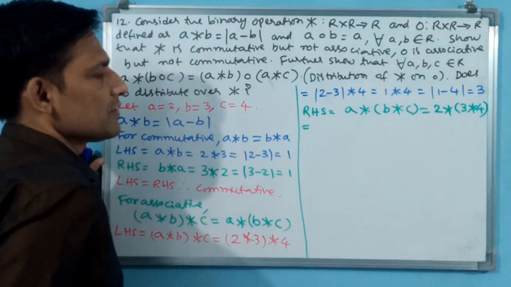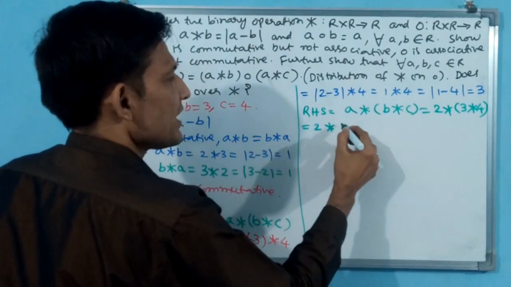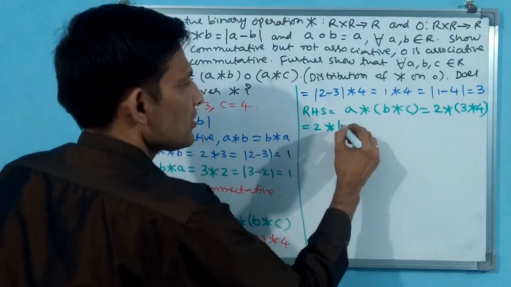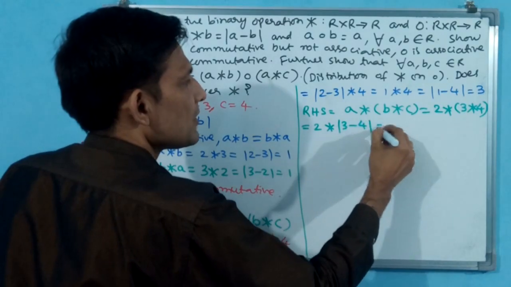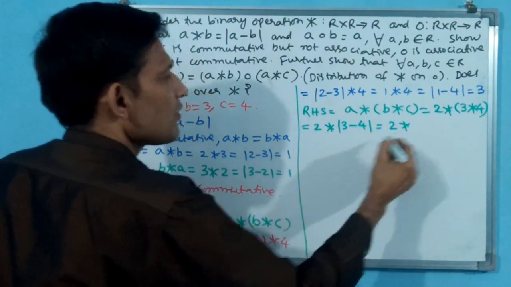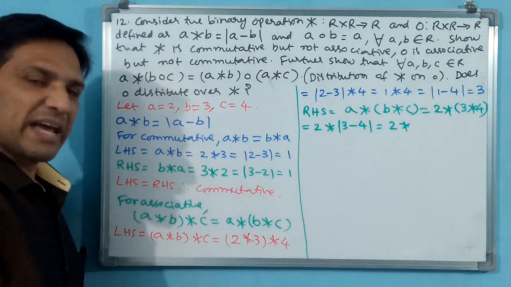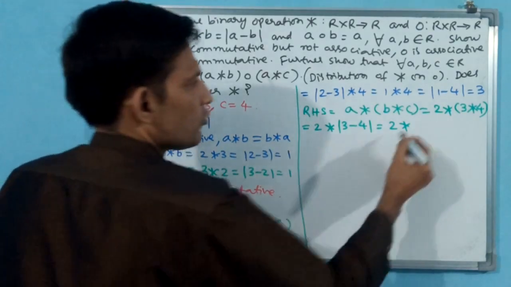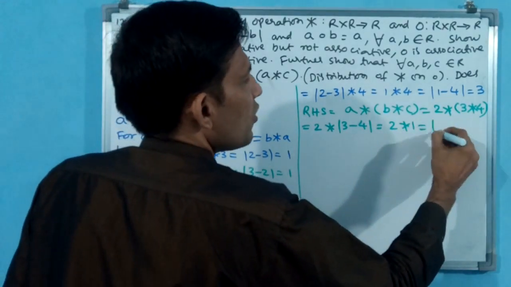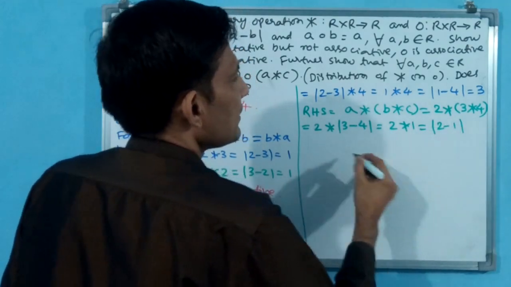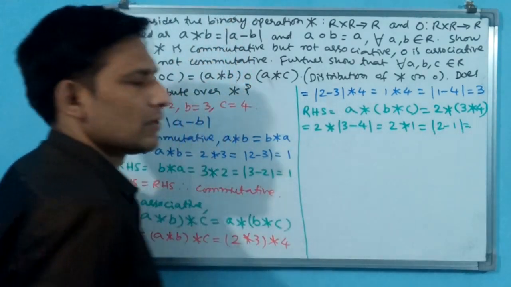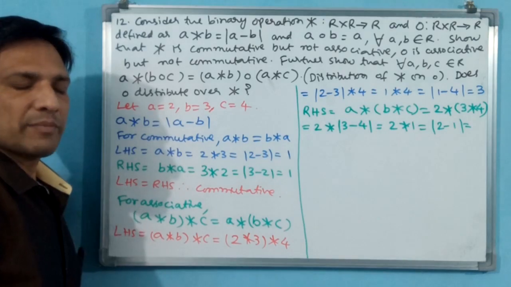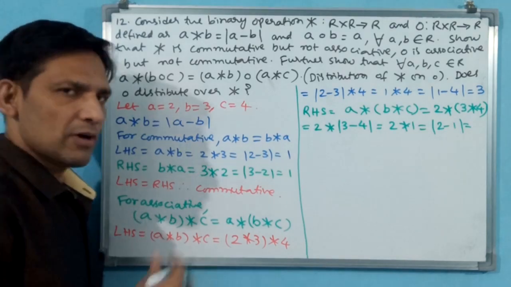Okay, that is equal to 2 star, you keep outside, but 3 star 4, modulus of 3 minus 4. That means 2 star. Now you tell me 3 star 4 means how much? Minus 1. Modulus of minus 1 is 1. That's all. 2 star 1. That is equal to modulus of 2 minus 1. Modulus of 2 minus 1 means what? 1 only will come.